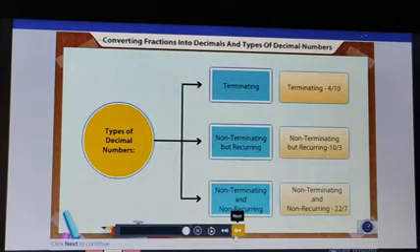So the terminating and non-terminating but recurring are rational, and the one which is non-terminating, non-recurring are irrational. Let's have an example.